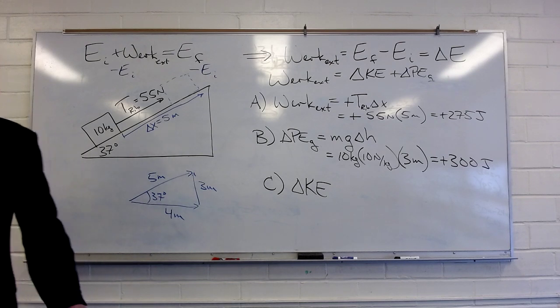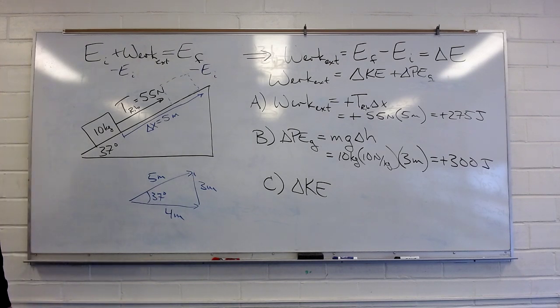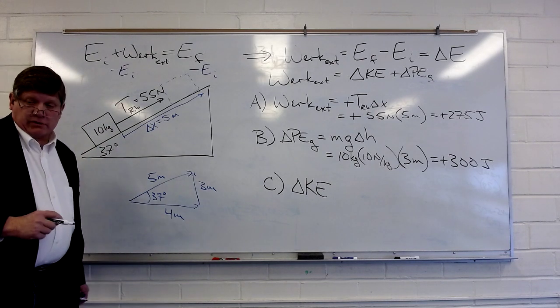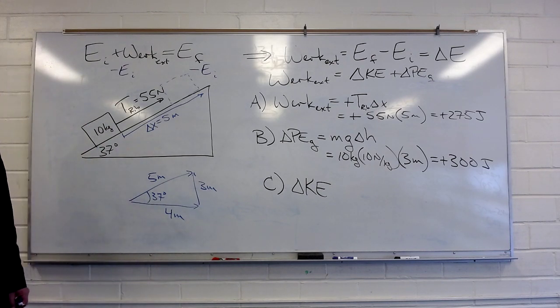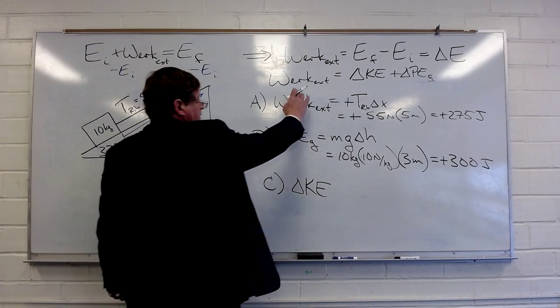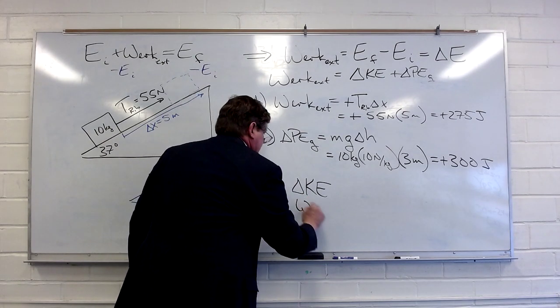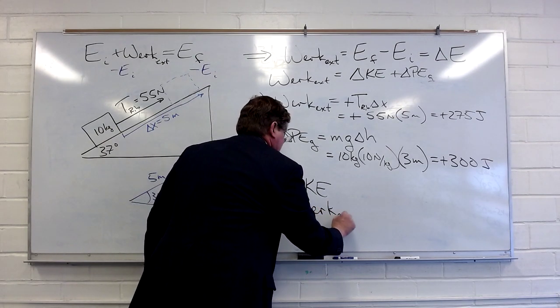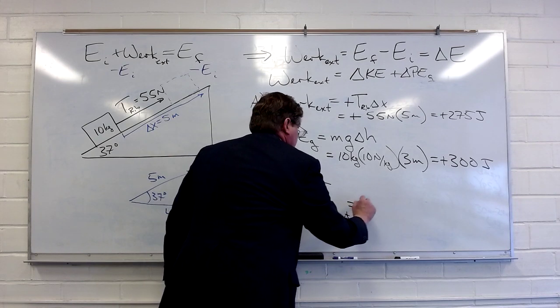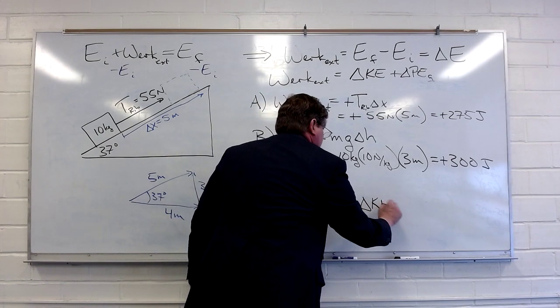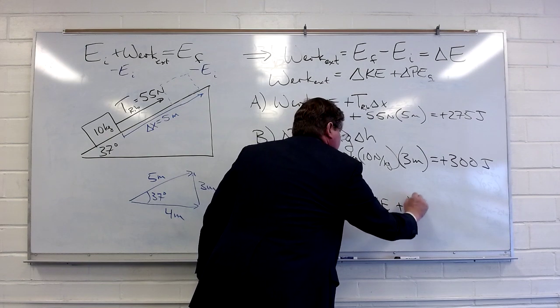This is another one of those cases where we don't know how fast it was going to begin with when we started looking, and we don't know how fast it's going when it ends. And we don't care. We just want to know how much it changed during the pull. Now, if I go up to this equation here, the Work external is equal to the change in kinetic energy plus the change in gravitational energy.